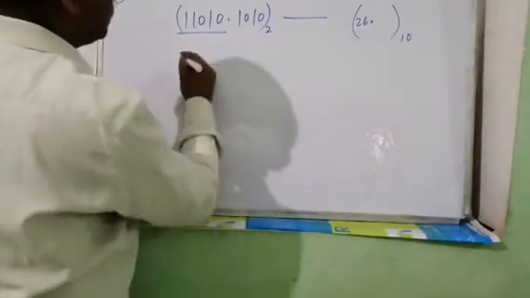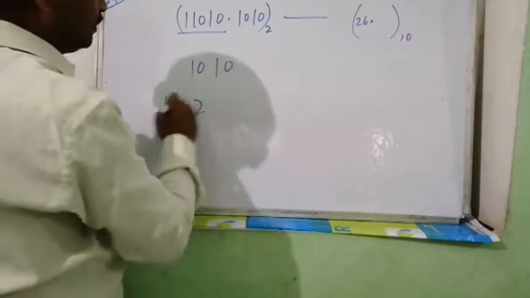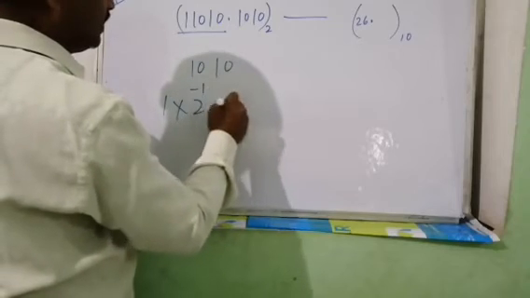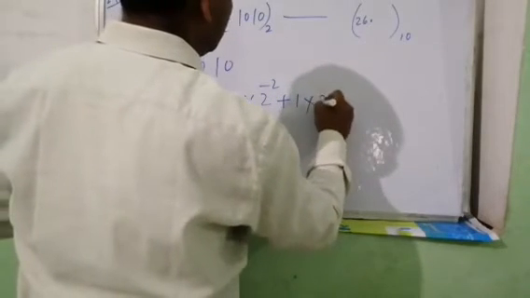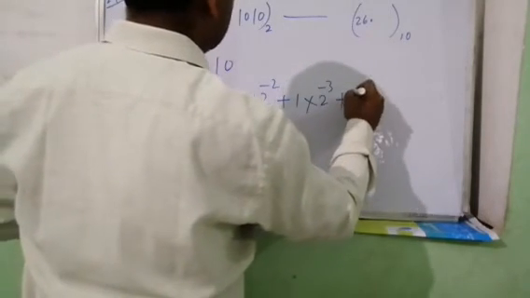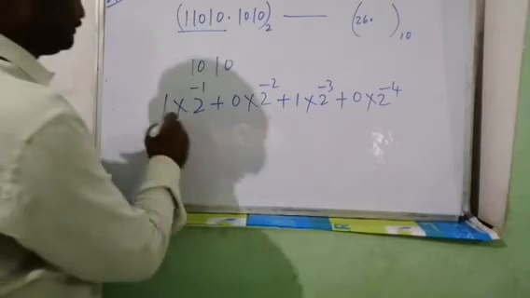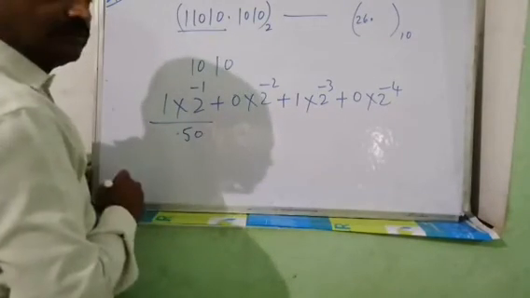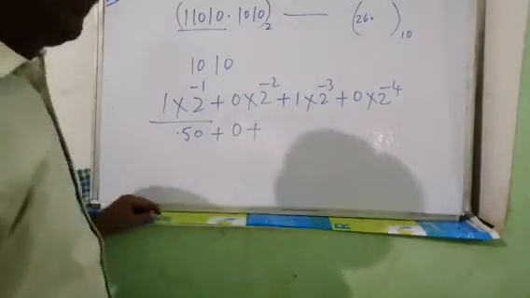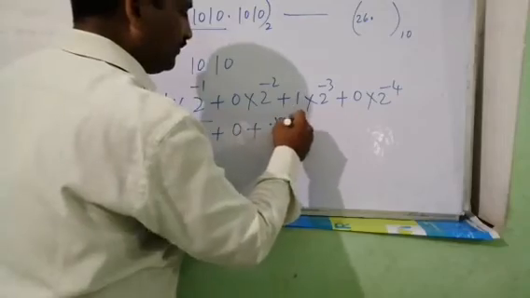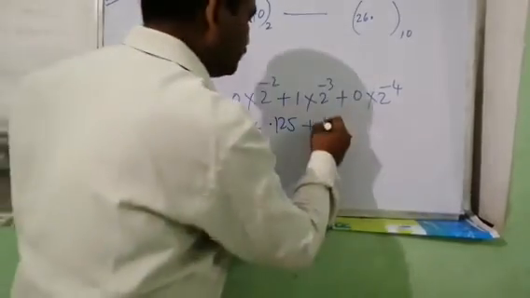Now we have to calculate this one, 1010. So 1 into 2 to the power minus 1 plus 0 into 2 to the power minus 2 plus 1 into 2 to the power minus 3 plus 0 into 2 to the power minus 4. 0.50. 0 is there, so 0. 1 into 2 to the power minus 3 is 0.125, plus 0 into 2 to the power minus 4 will be 0.